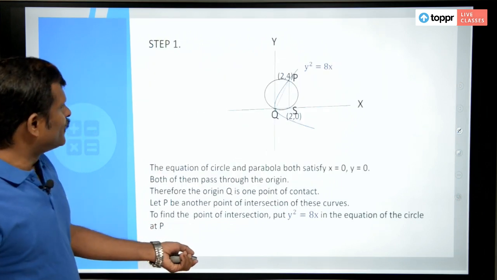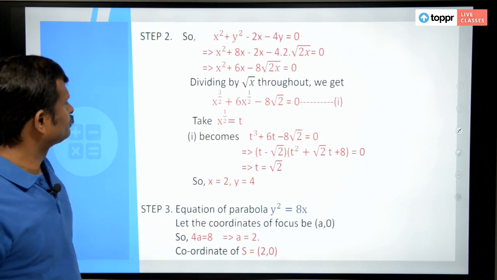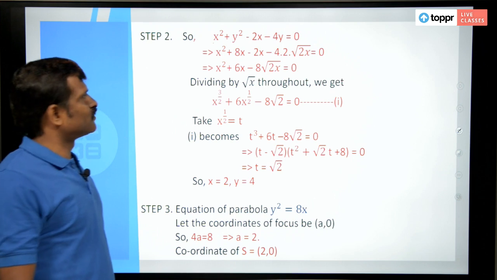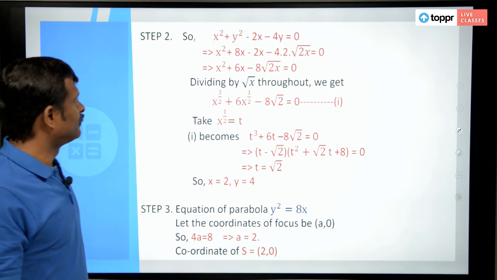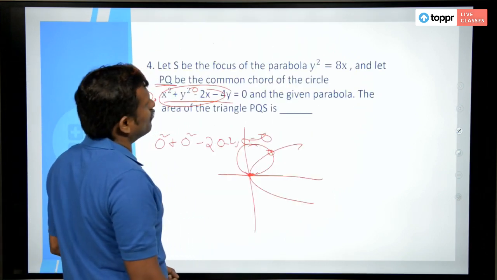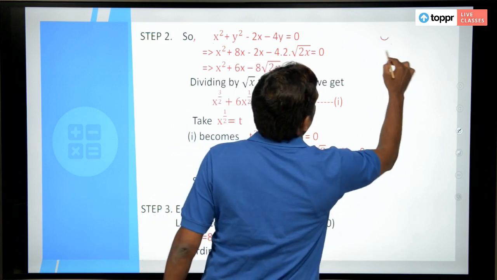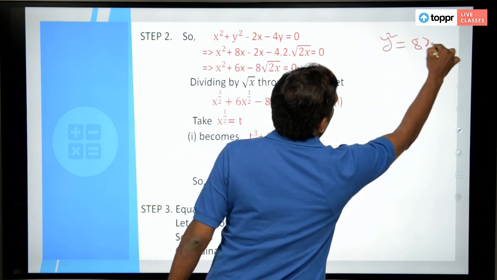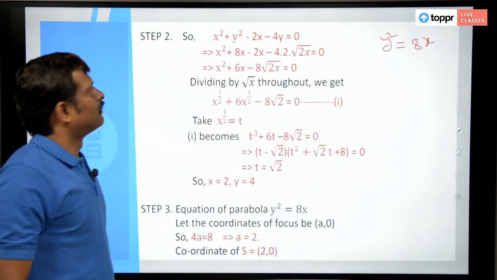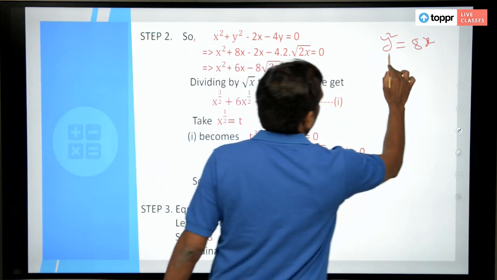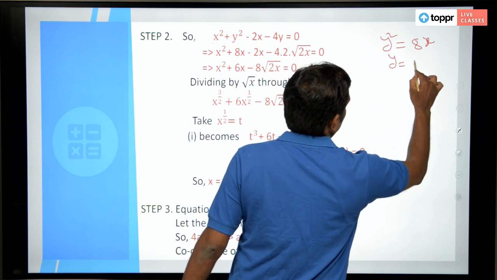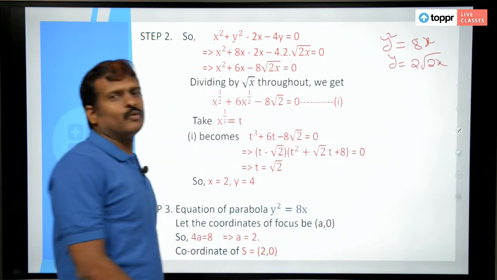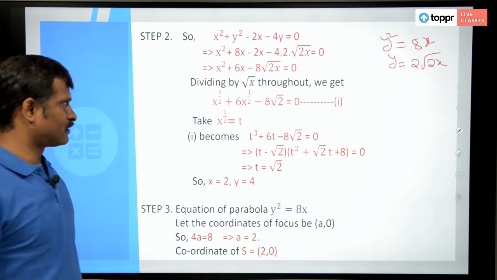So, how do we do that? x square plus y square minus 2x minus 4y is equal to 0 is the equation of the circle, and y square is equal to 8x. Then y is equal to 2 root 2 root x, because the square root of 8 is 2 root 2.